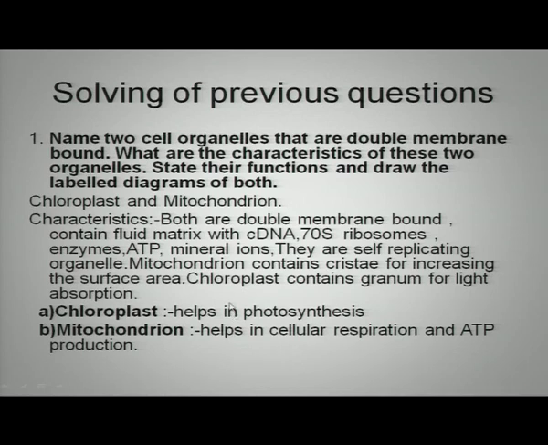Already I have told you they can help in protein synthesis, and they can also help in cytoplasmic inheritance, that means hereditary in function. Similarly, mitochondrion, you have already learned, helps in cellular respiration, ATP production, storage and distribution. Again, they can also synthesize some of the proteins, they are also hereditary in function.